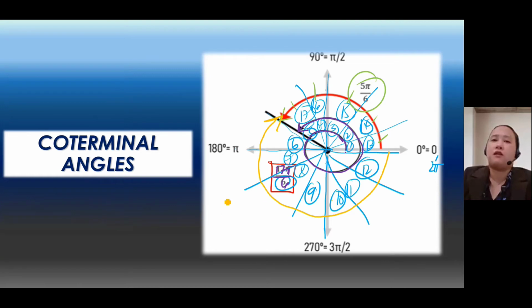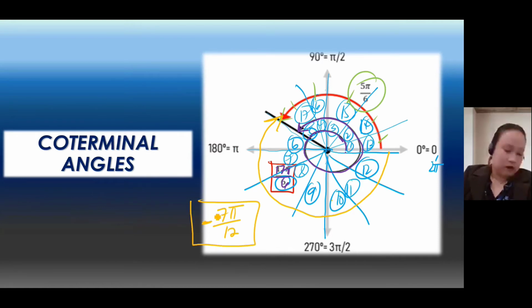That is 7 parts over 12, but the direction is opposite, so we have negative 7 pi over 12. That is another coterminal. So that is for the example.